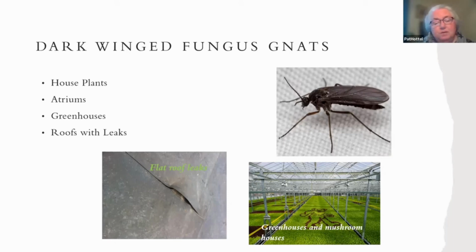In particular, when we've got these flat membrane roofs, and we will see this in food processing facilities, pharmaceutical facilities, packaging facilities, where those roofs over time develop gaps and leaks, we get fungus gnats developing in and underneath that membrane. Fungus gnats are really very, very common, okay?